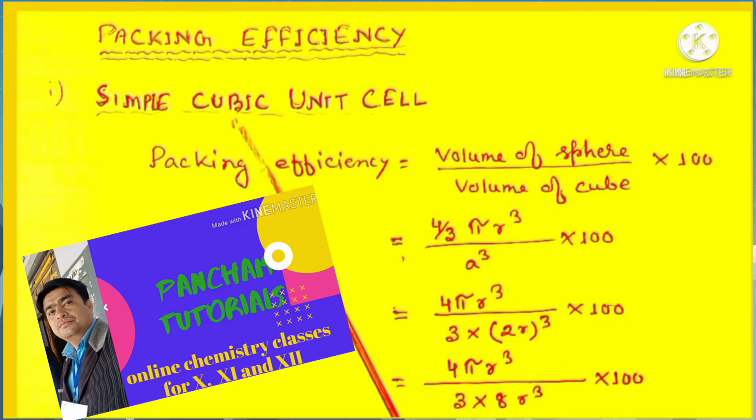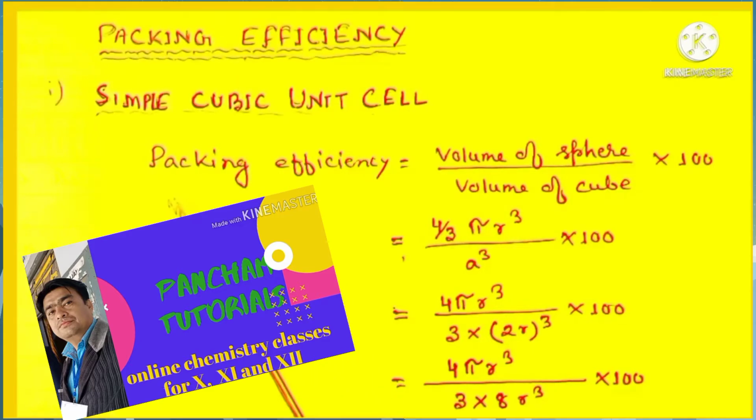As we already know, in a simple cubic unit cell there is only one atom which is contributed by the 8 corners.